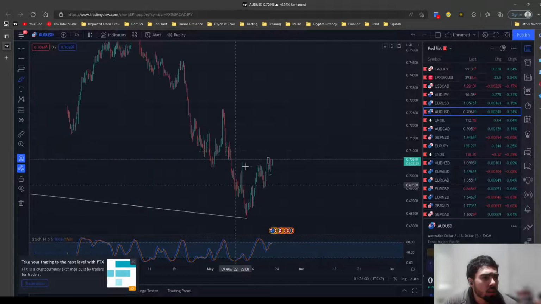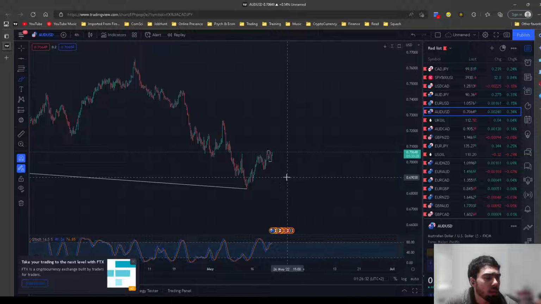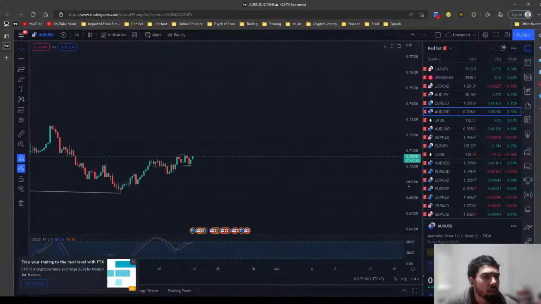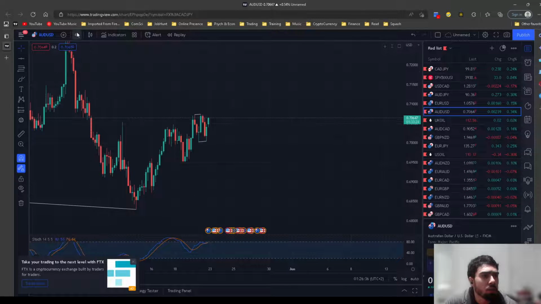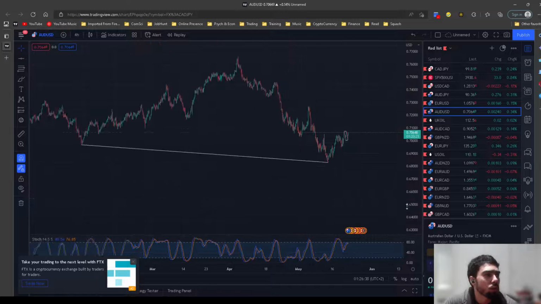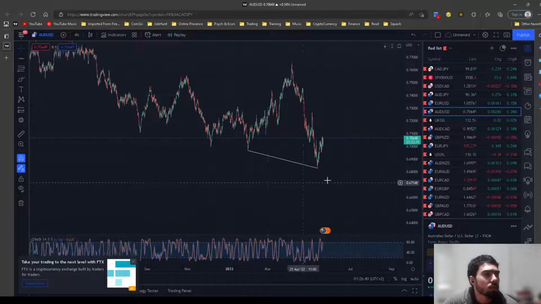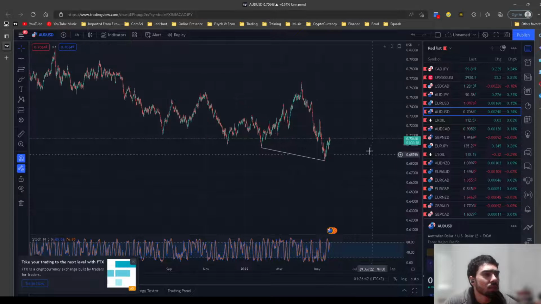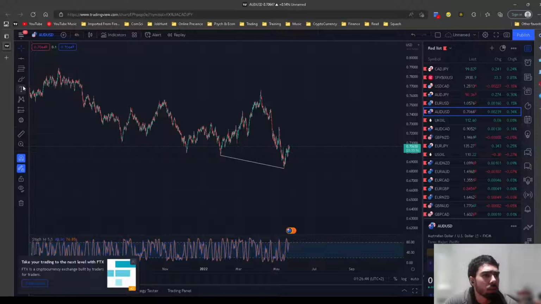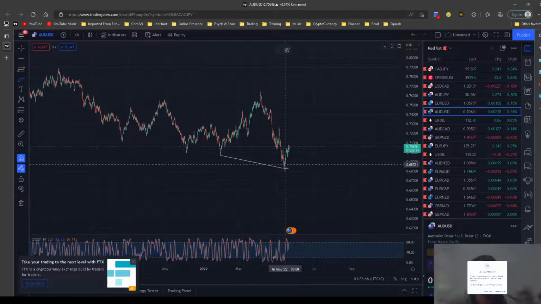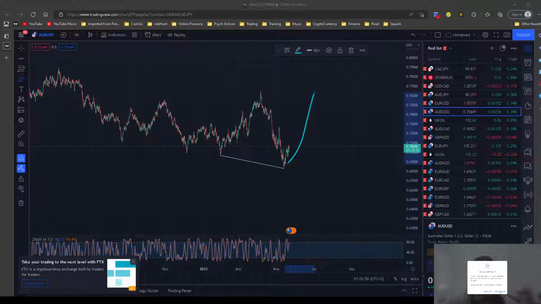Aussie dollar. If we go down to the 4 hour, let's first look at the 4 hour. So this is very speculative, but at the moment we're forecasting something like this. Let me just fix this.